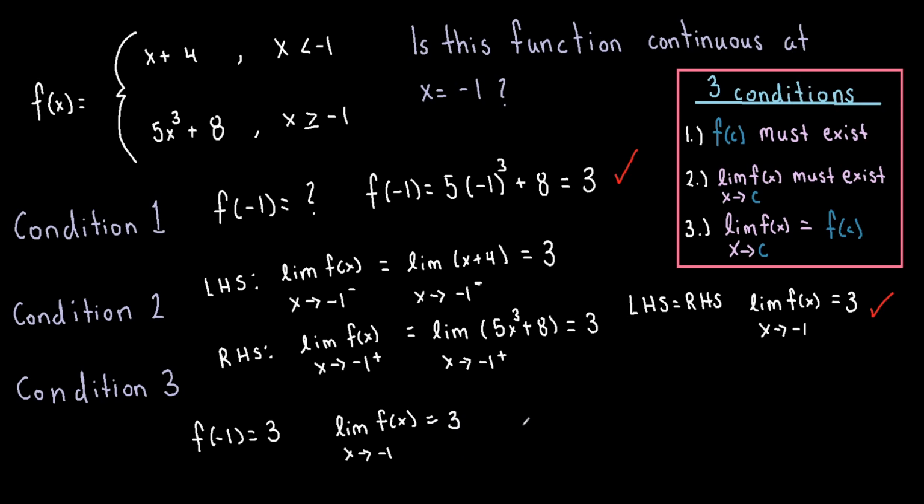So since f of -1 equals the limit of f of x as x approaches -1, we can say that the third condition has been met. And now, since all of these three conditions have been fulfilled, we can say that the function is continuous at x equals -1.